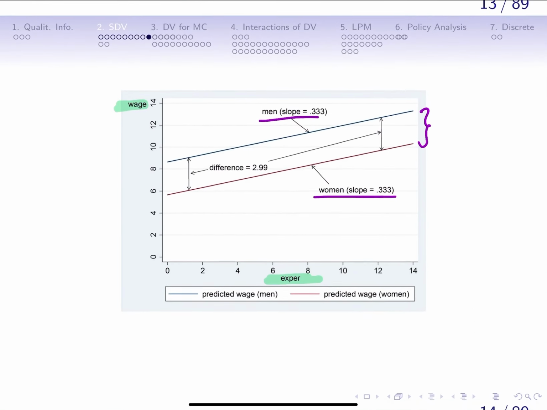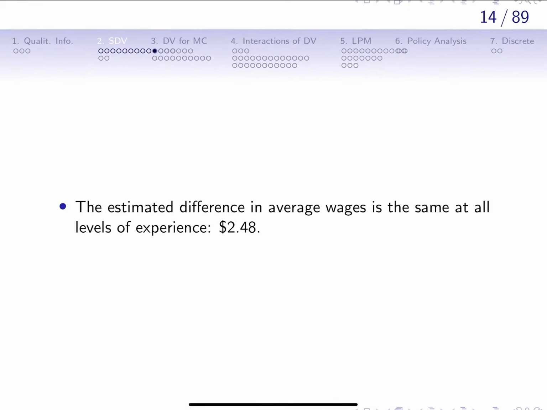Okay, and so here, my apologies, this should be $2.48. That's the difference, right? And the blue line is for men and the red line is for females.